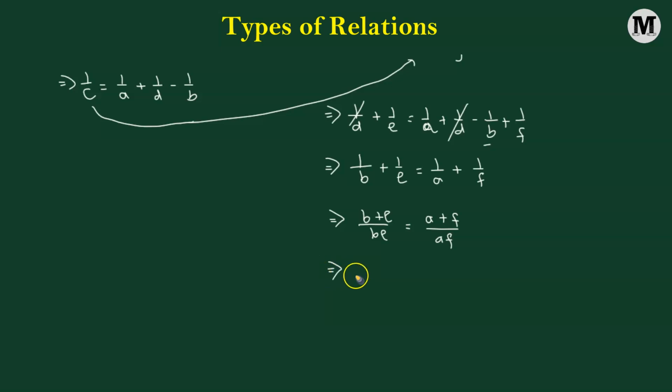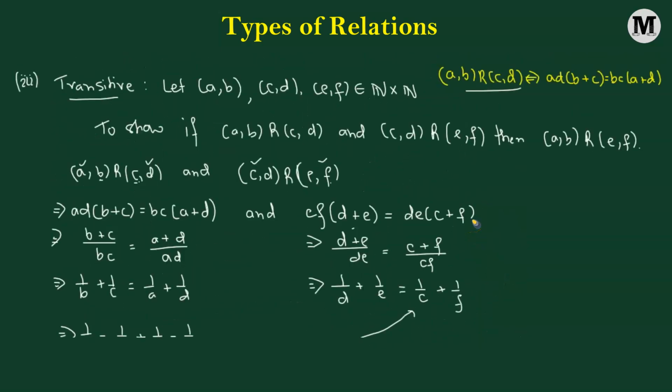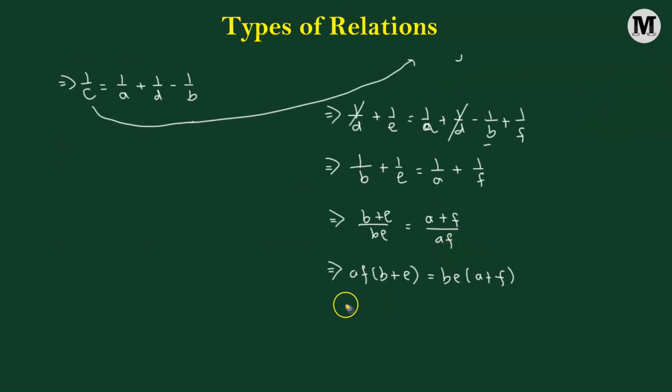Cross multiplying, we get AF multiplied by (B plus E). This is going to be equal to BE multiplied by (A plus F). And if we compare it with our definition of the relation, this is simply telling us that the ordered pair (A, B) is related to the ordered pair (E, F).